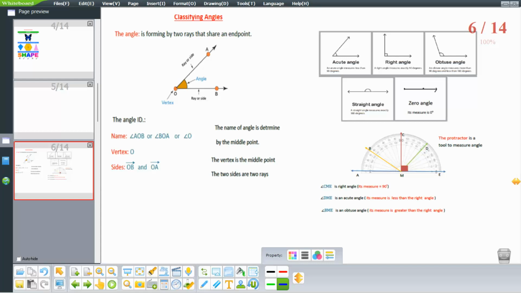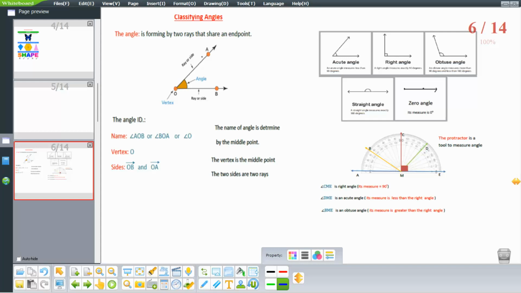So they meet at point O. So this is the vertex, and the angle is formed from the intersection.